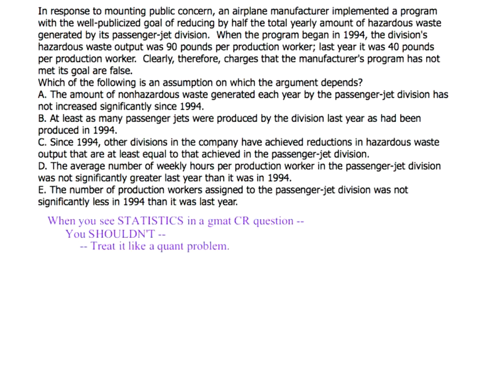If you treat it like a quant problem, that's a world of trouble, because it's not a quant problem. You are not ever going to have to do elaborate calculations with statistics in a verbal problem. It is just not going to happen.